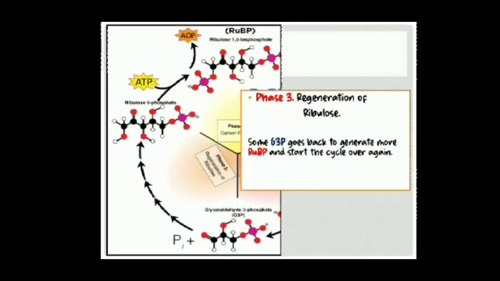In phase 3 of the Calvin cycle, some glyceraldehyde 3-phosphate molecules return to regenerate more ribulose bisphosphate or RuBP, restarting the cycle for further carbon fixation and glucose production.